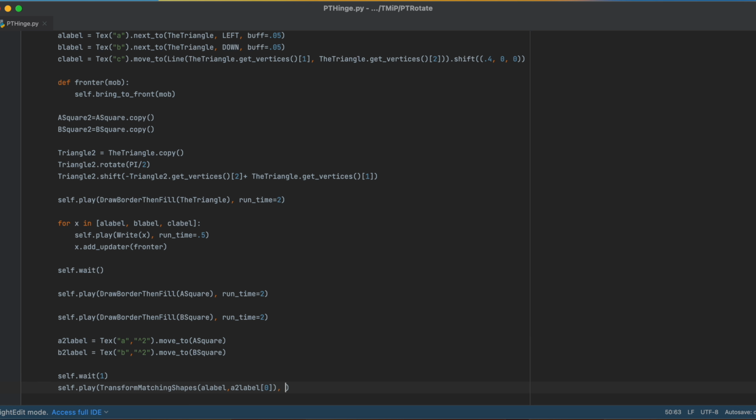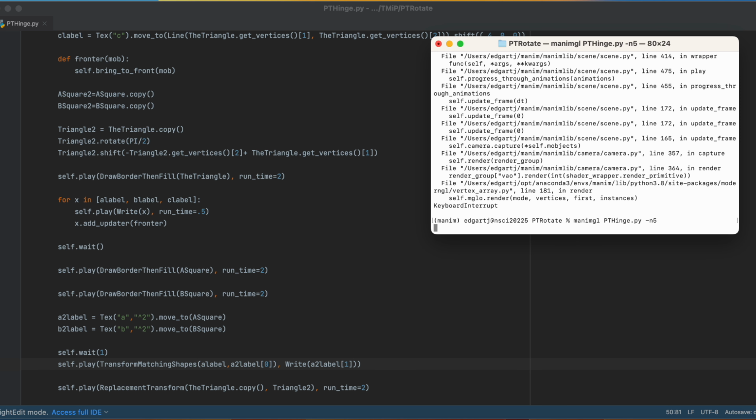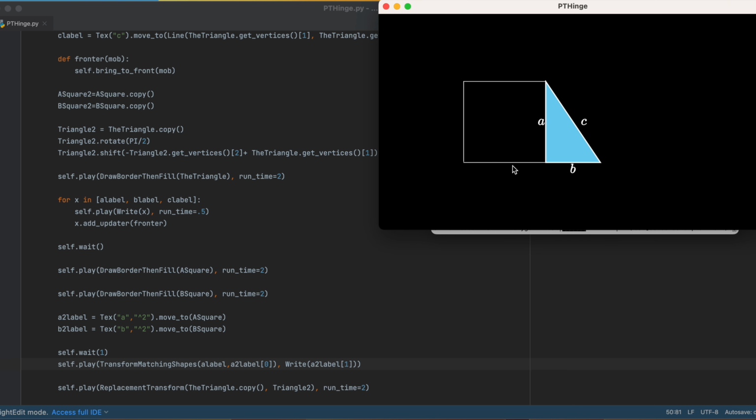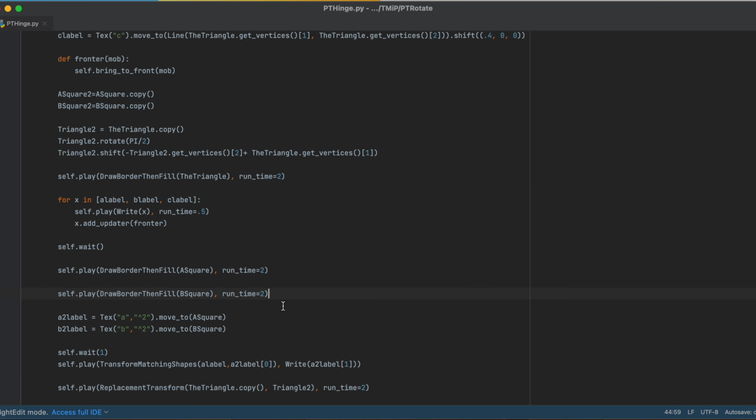And I need to then fade in or write, I'll write it. I'll write A2 label 1. So let's see if this works. It should draw the square and draw the B by B square, and then it should move this A and square it. Good.